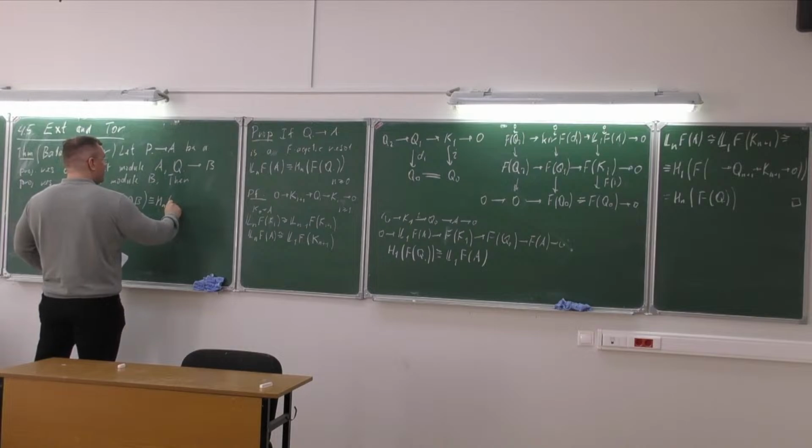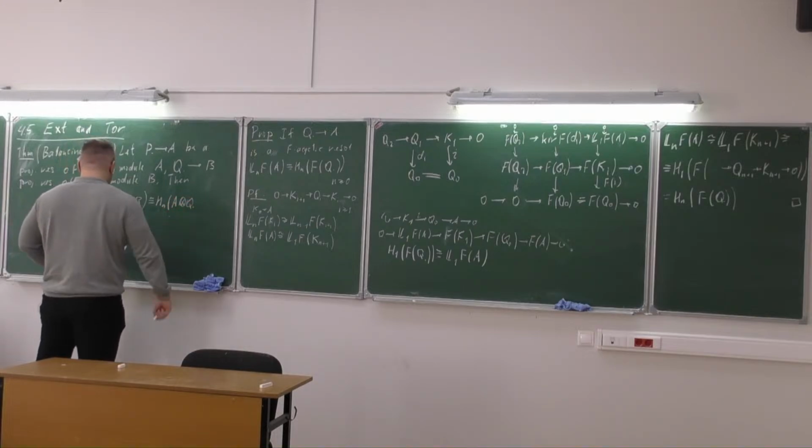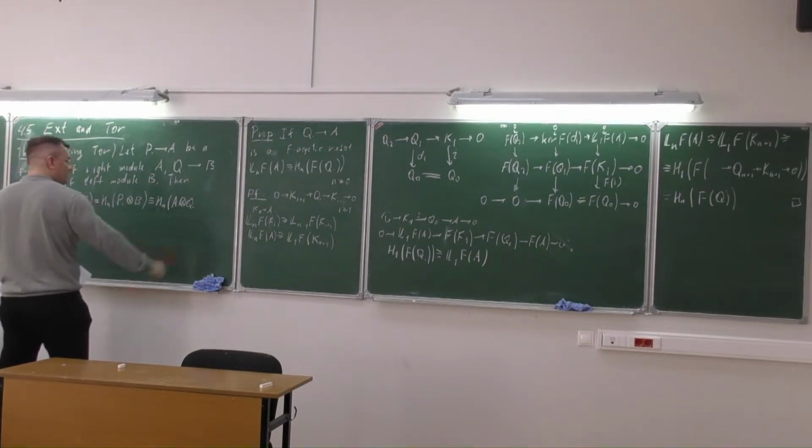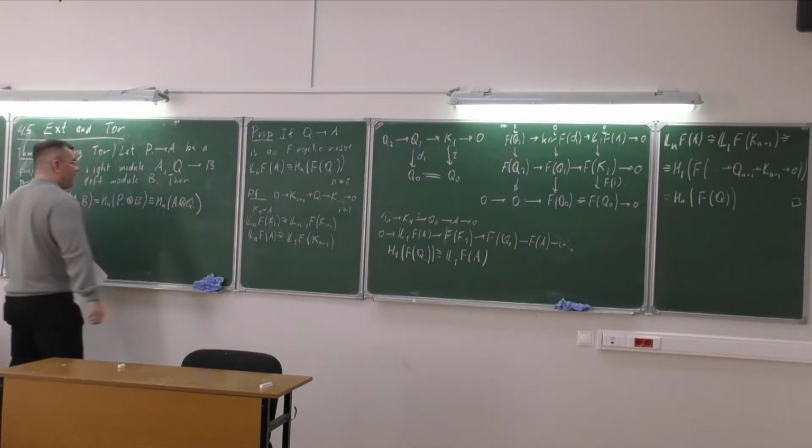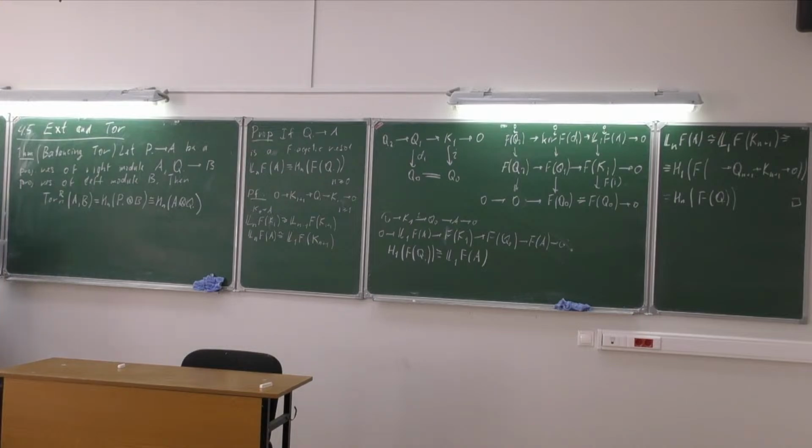This means that Tor n can be computed with the projective resolution of the first argument or the projective resolution of the second argument. For this reason, this is called the balancing of Tor.